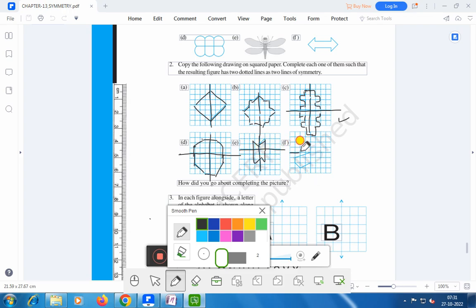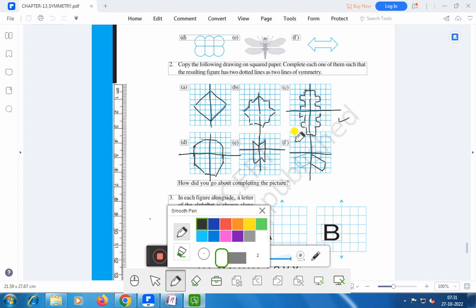This is the horizontal line of symmetry, and this is the vertical line of symmetry, right? Here you see this is the vertical line. That means it will be same as the vertical line. It will be same as like this one, this and this, right? This is the horizontal line and this is the vertical line, means same.